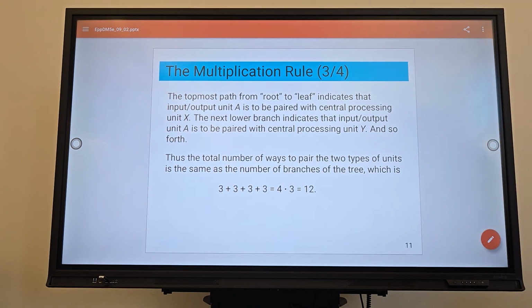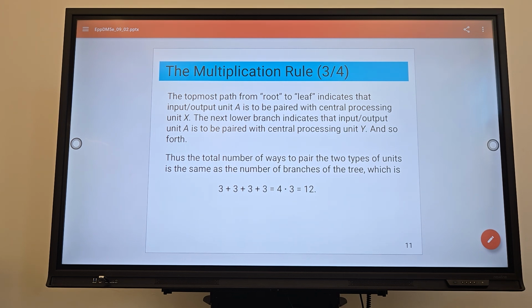The topmost path from the root to leaf indicates that input-output unit A is to be paired with CPU X. The next lower branch indicates I/O unit A is to be paired with CPU Y, and so forth.